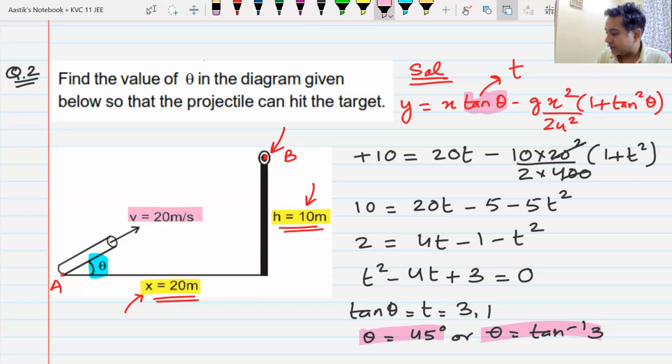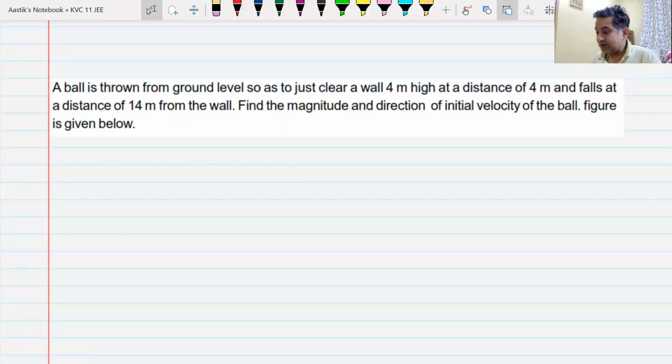Okay, diagram is not given in this question. So let's see if you can get this. You have to understand the language of the question. A ball is thrown from ground level so as to just clear a 4-meter high wall at a distance of 4 meter, and it falls at a distance of 14 meter from the wall.